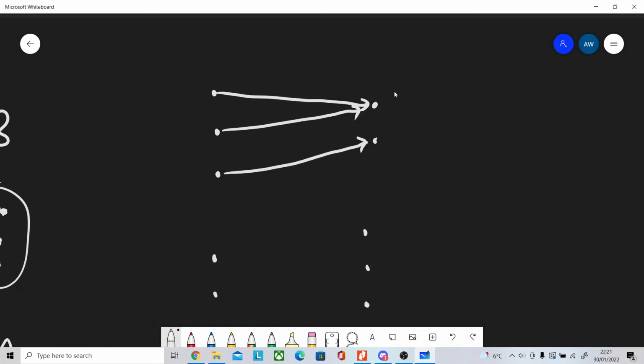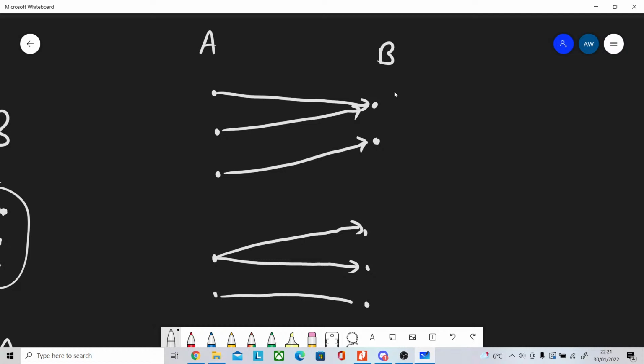So there's 2 paths that we can go backwards from. The first element of set B can go either here or here. The second element of B goes backward to the third element of A.